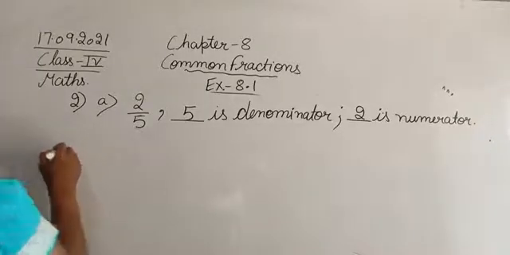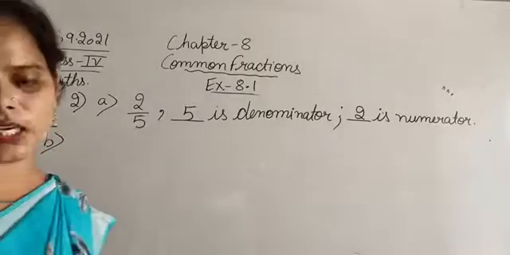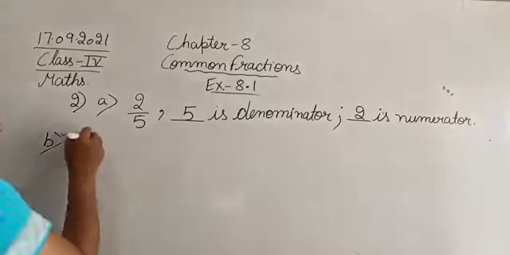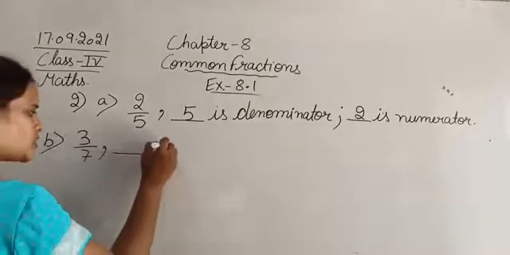Moving to the B part, I'll start from here so that we have proper space. So the B is 3 upon 7.